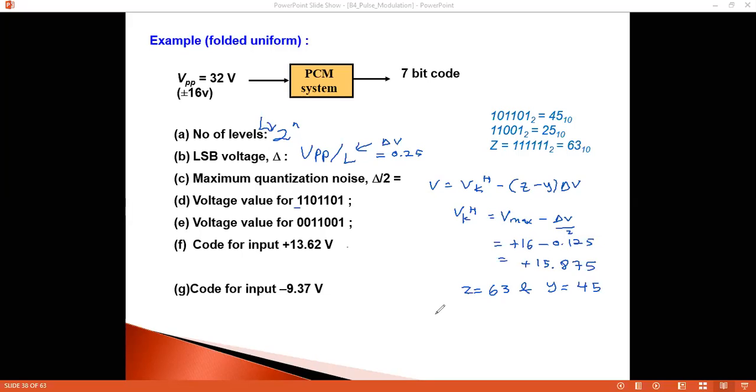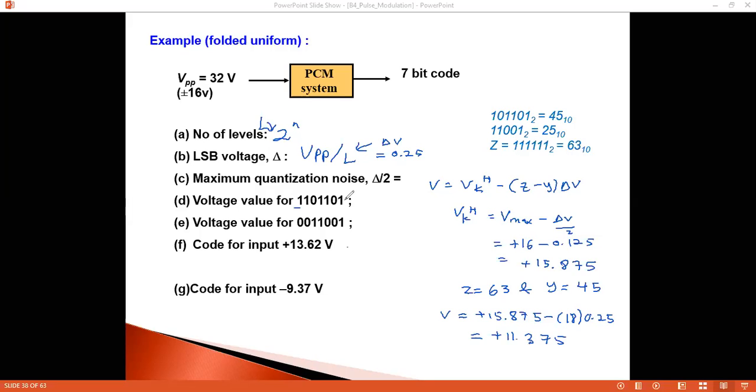So we just put it inside our formula. Voltage is equal to plus 15.875 minus Z minus Y, 63 minus 45, 18, times 0.25 for our delta V. So we got the answer plus 11.375.